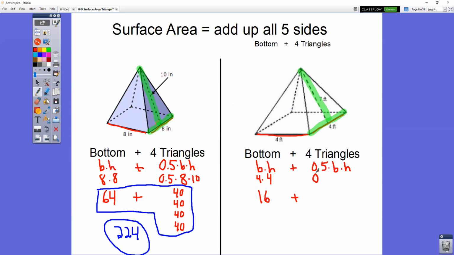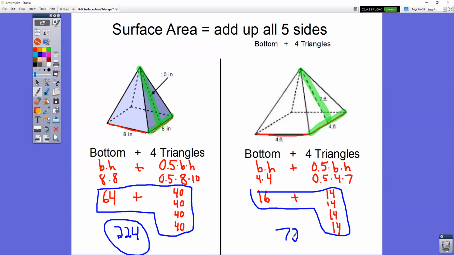So we have 0.5 times 4 times 7. 0.5 times 4 times 7 is 14. We have 4 of those because you have 4 triangles. Add together all 5 of those numbers, 16 plus 14, 14, 14, and 14. When you add them all up, you should get an answer of 72.